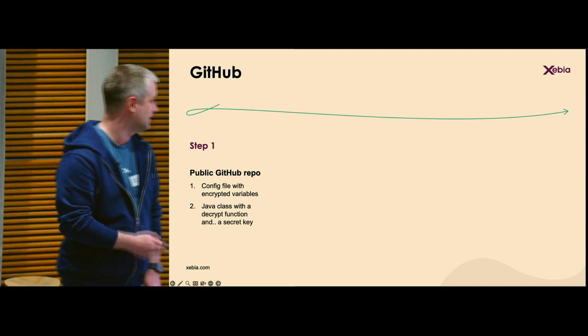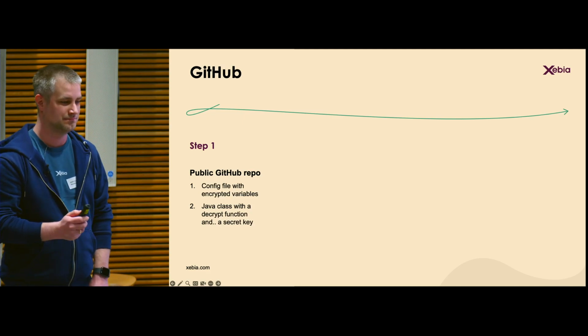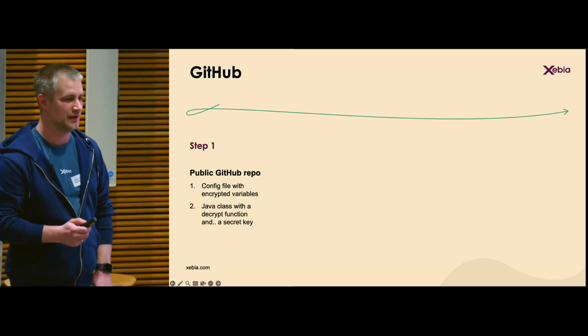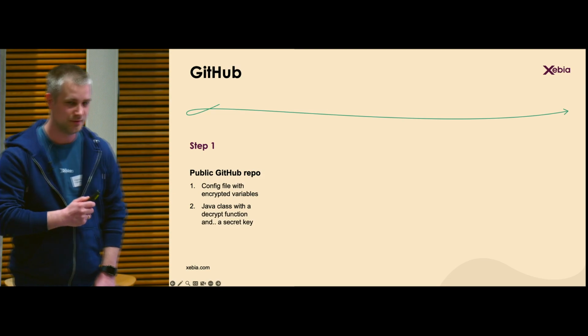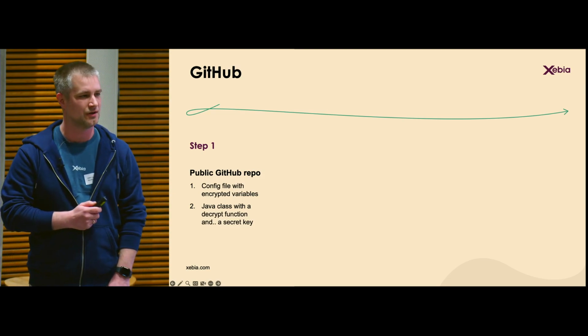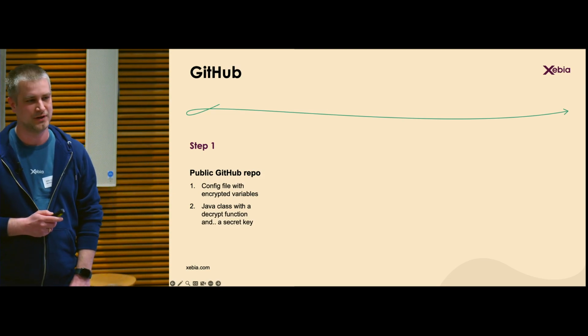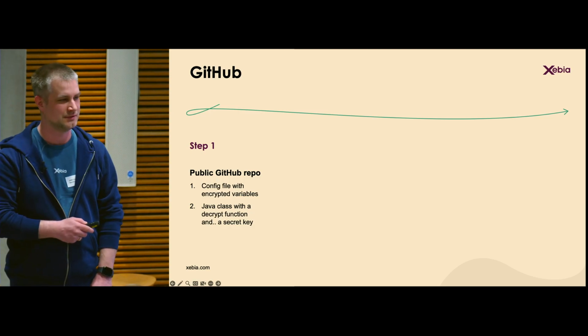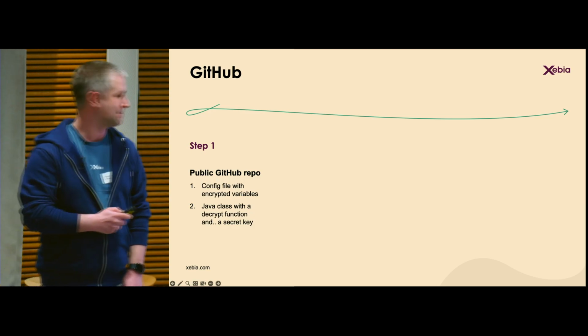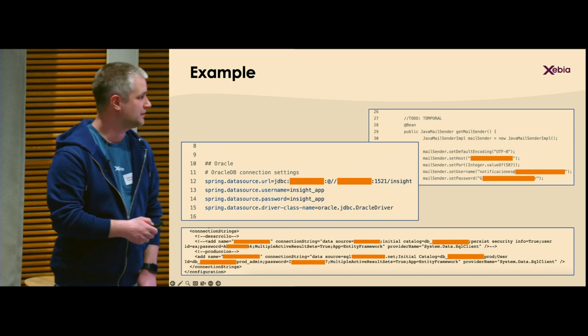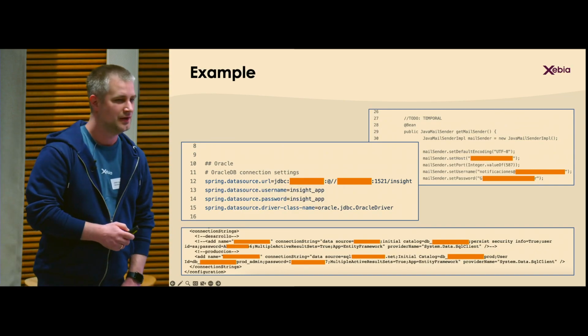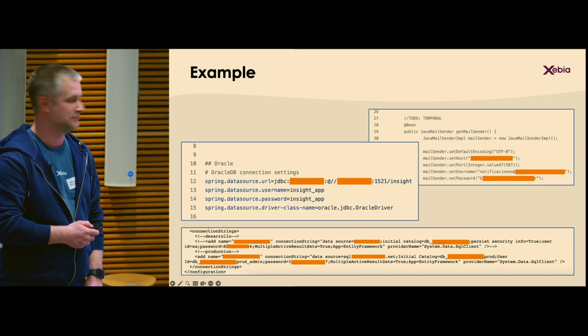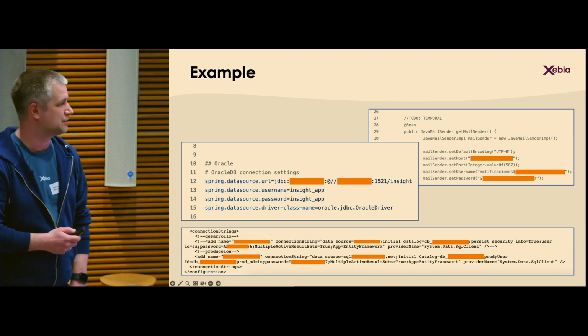There are other ways. I found many repositories with sensitive data, but this one was interesting because there was a config file with values of these variables encrypted. These are examples of multiple repositories and files in these public repositories.